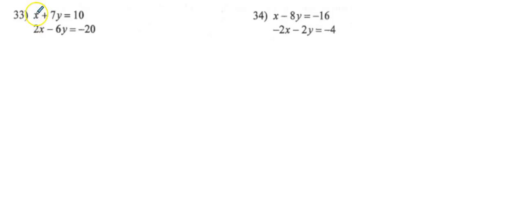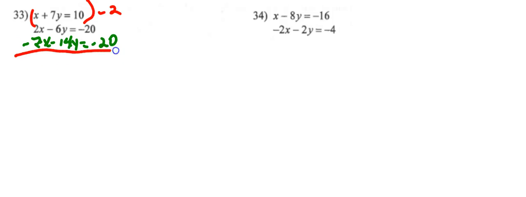So I'm seeing that I could cancel out or eliminate the x's if I just multiply that top equation by negative 2. And if I do that, I'll write it right below this one. I end up with negative 2x minus 14y, wow, minus 20.